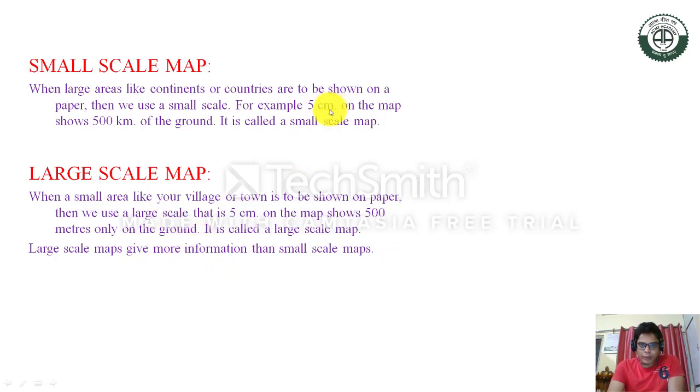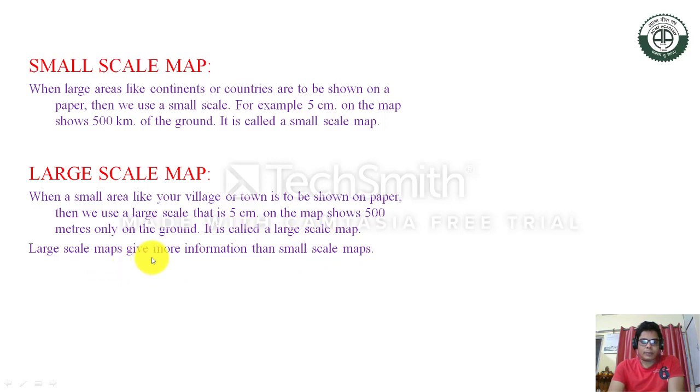So 5 centimeter is equal to 500 kilometer in a small scale map, and here 5 centimeter is equal to 500 meter. There is a far difference between these maps. A large scale map shows the details of that particular area.